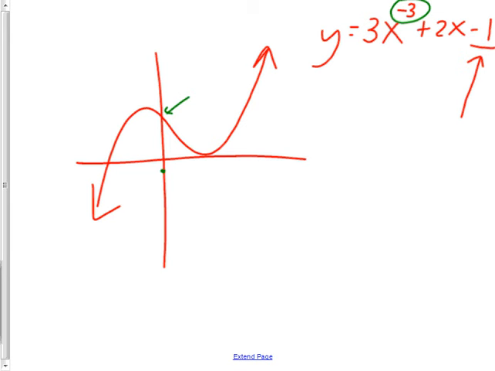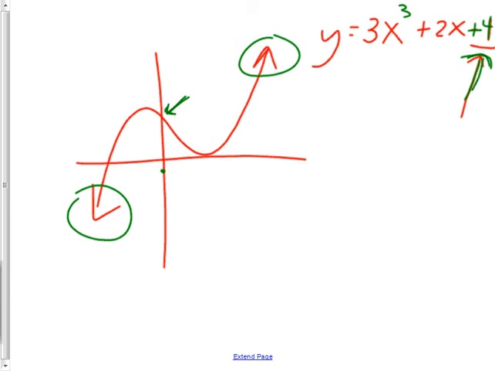But even if I change that to a positive 3, it's still going to be messed up because of the Y-intercept thing. So what if I change this to like a positive 4? Now, could this possibly be a correct graph? Because it's odd, meaning one's going up, one's going down, and it's got a lead, not a lead coefficient, sorry, the number at the end, the Y-intercept, is approximately right.